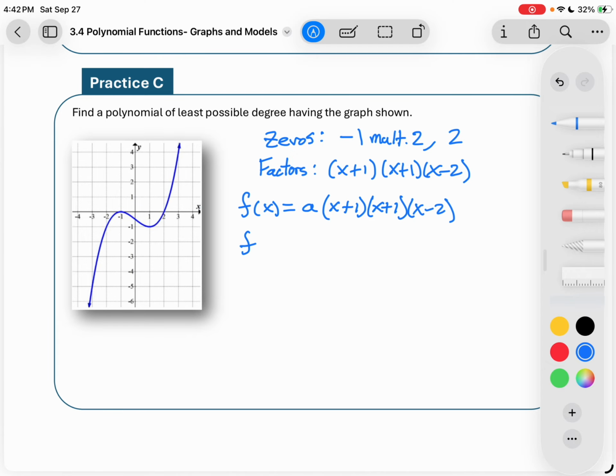If we multiply this out, this time I'm going to multiply the x plus 1's together because I know what that comes out to be. So x squared plus 2x plus 1, and that times x minus 2.